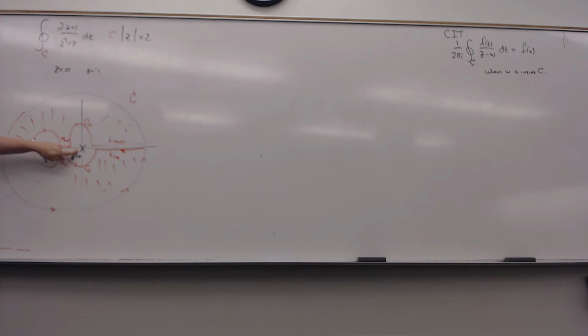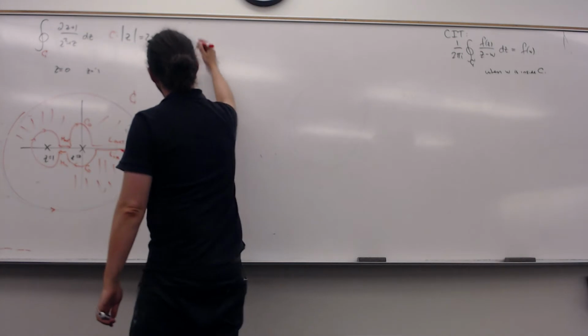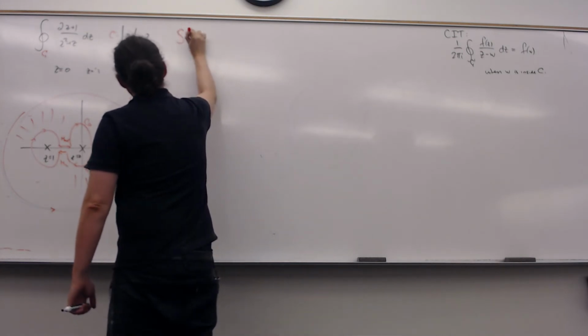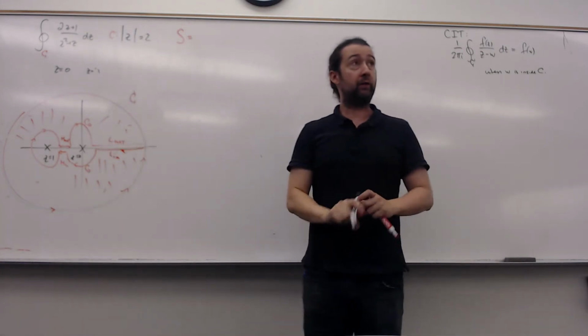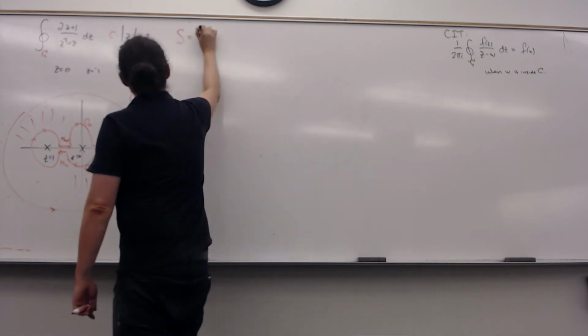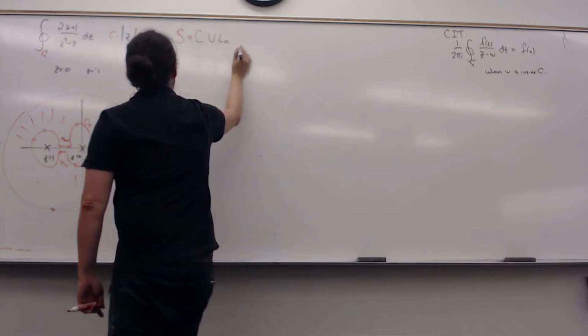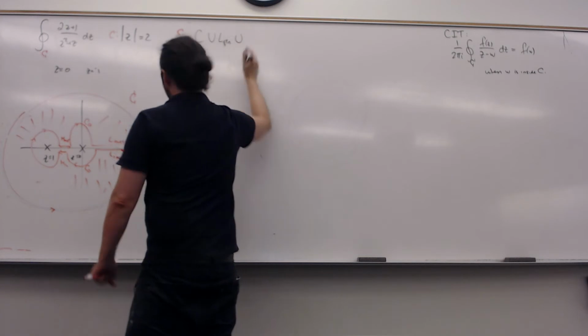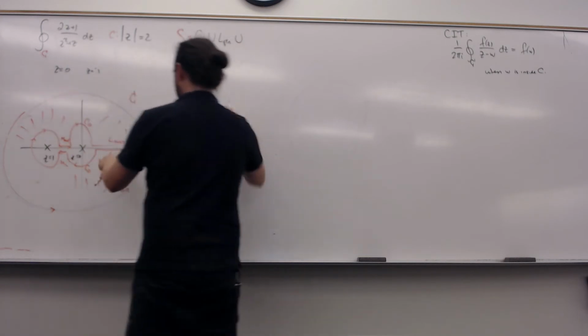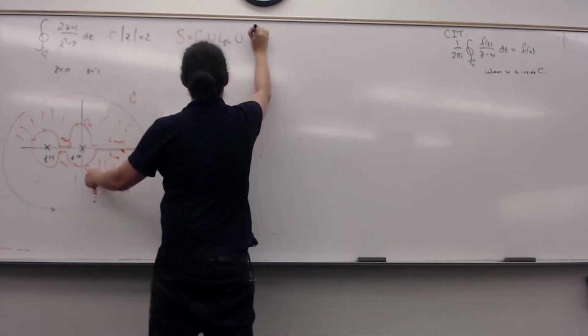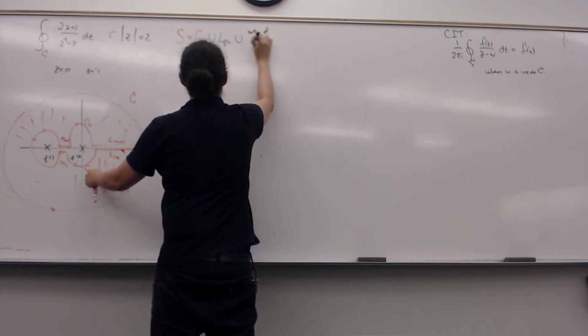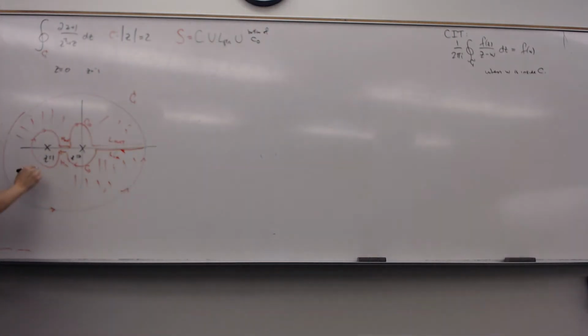Okay? So the assertion here is that the integral, if I call S the union of all of these things, right? So what is S? S says do C and then go in on L. So we go all the way around C, and then we go in on L, and then we go around the bottom of C0. I'm calling it C0 because it is the contour around the singularity at 0. And this is C minus 1 because it's the circle around the singularity at minus 1.